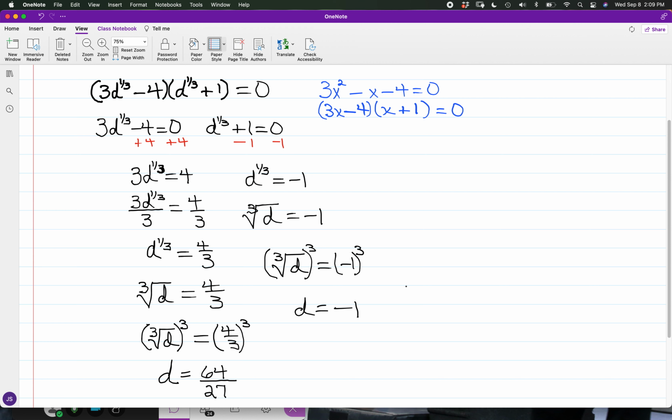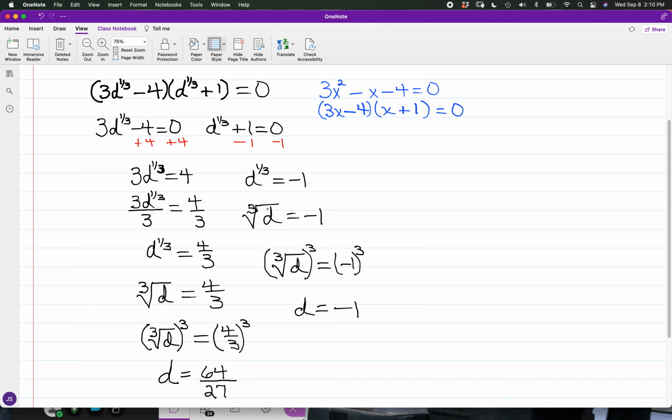And let me mention, before, when I translated from d to the 1/3 to the cubic root of d, notice that this was set equal to a negative constant. And once again, with odd root radicals, I do not have to worry about the principal square root rule. The principal square root rule only applies to even root radicals.